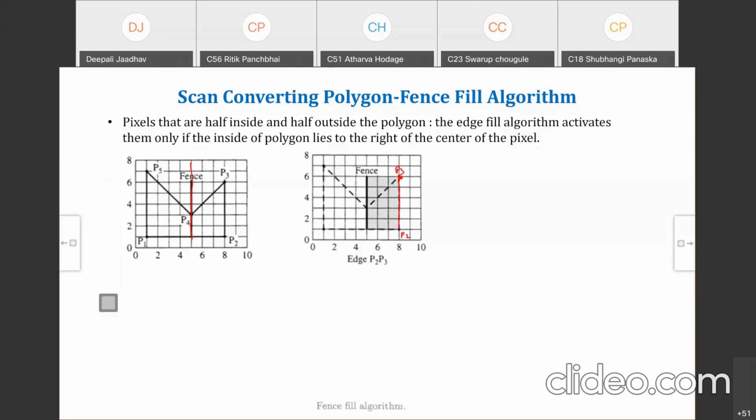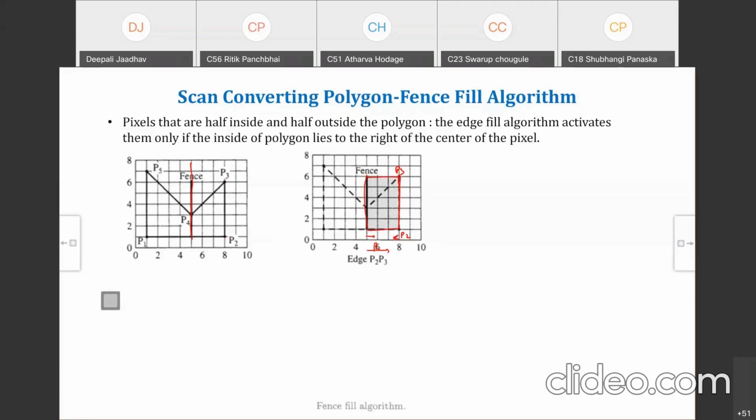If the intersecting line, this edge, is to the right of the fence, then complement all the pixels whose midpoint lies to the left of the intersection and right of the fence. So complement all these pixels.